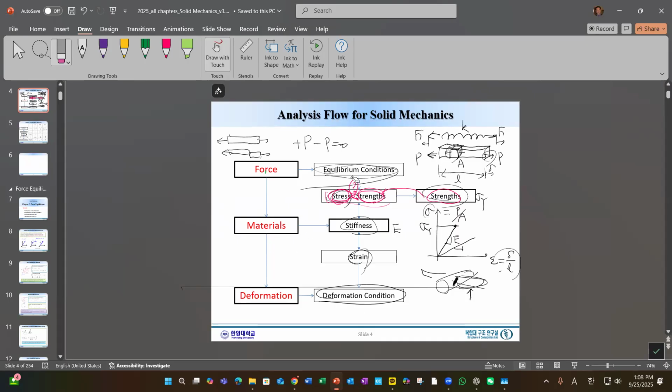Now inside, they have to be in equilibrium. Stresses will develop, and of course strain also develops. So stress and strain are the physical quantities we have to understand. Simply, stress is related to a force, and strain is related to a deformation.